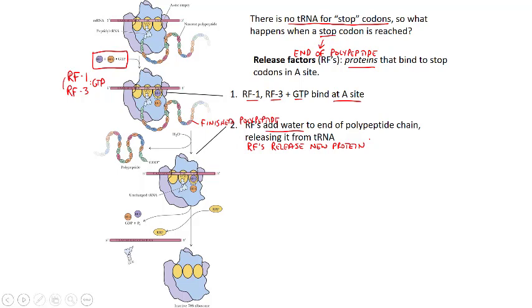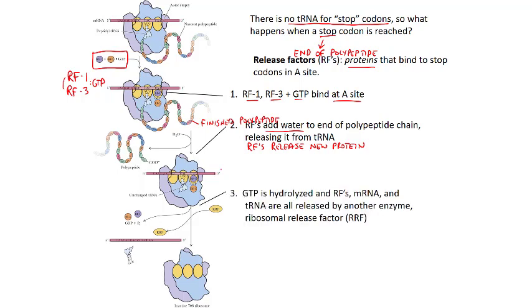Great. Now what? After the RFs release that new protein, what we have is an mRNA, an empty tRNA, and these RF proteins all stuck together in this ribosome complex. And our ribosome complex is now not doing anything because it's already completed its job. It's complicated to make a ribosome assemble, and it's also complicated to make it fall apart.